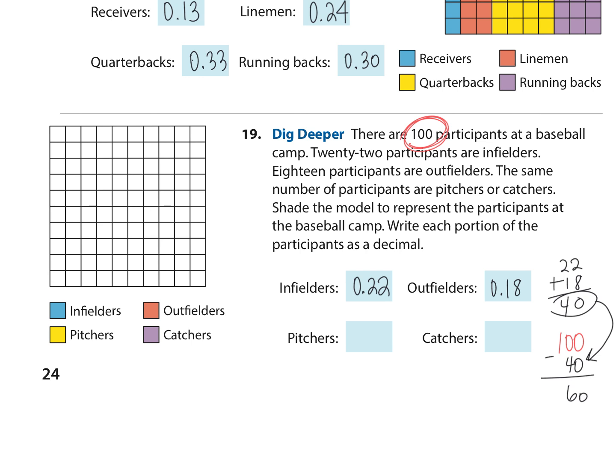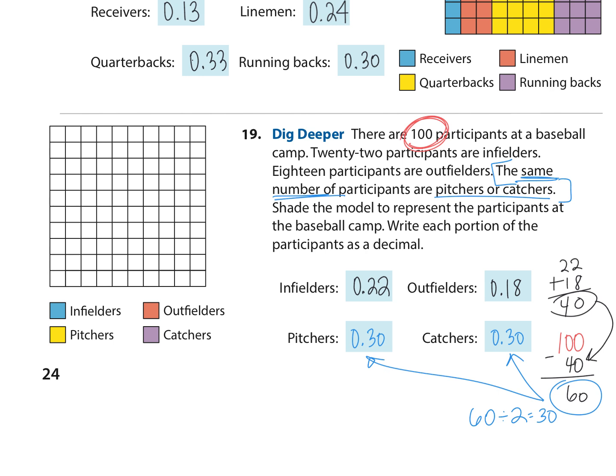Now I'm going to divide this number by 2 because right here it says the same number of participants are pitchers or catchers. So if I divide this by 2, this is my number of pitchers and catchers. So I have 30 hundredths of pitchers, 30 hundredths of the participants are catchers. Is everybody with me? Okay, now we're going to shade in.